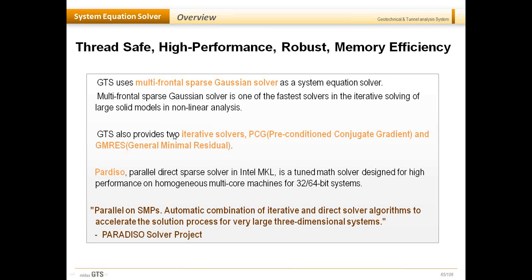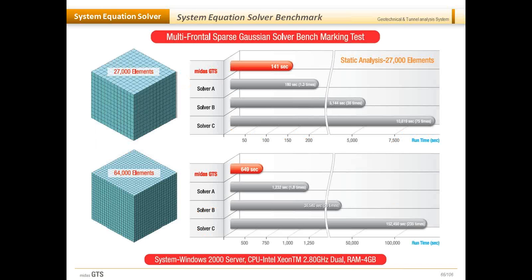Now I go very fast on this solver because it's a multi-frontal solver. It's faster than an iterative solver, and it also provides more accuracy and speed for analysis. All that is directly integrated into GTS and is available in 32 and 64-bit systems.